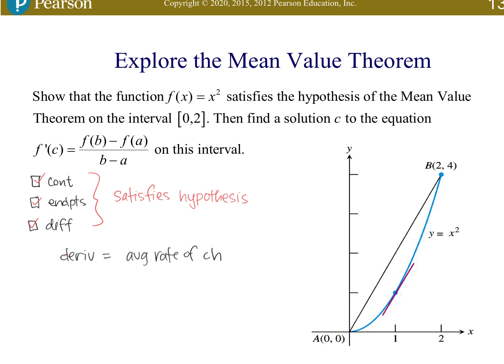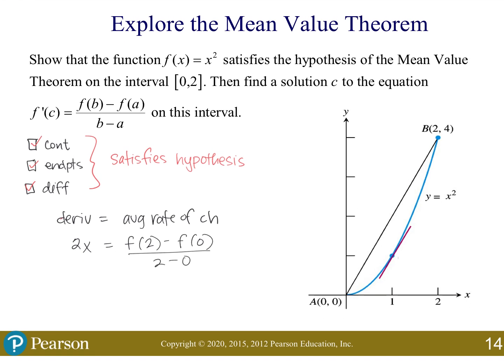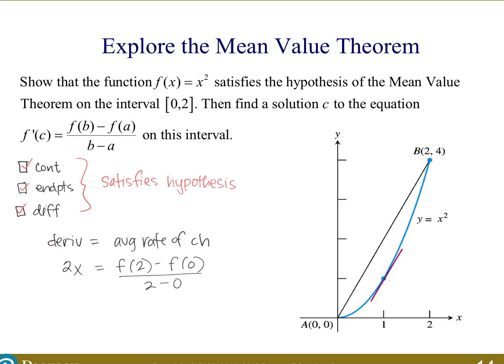All right, well, what's the derivative? 2x. What's the average rate of change? F of what? F of 2 minus f of 0. Those are my endpoints, 0 and 2, over 2 minus 0. So I should be able to solve this. I'm guaranteed that there should be a solution.